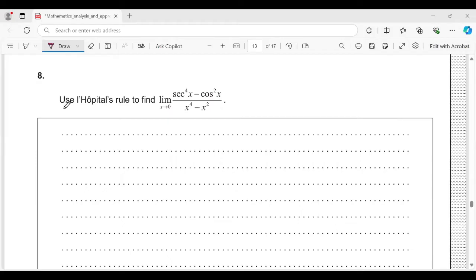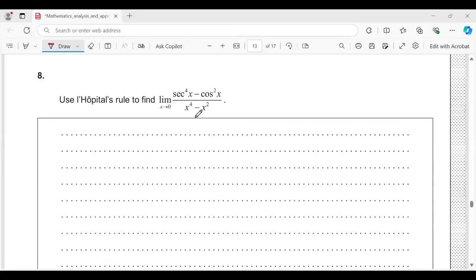A. Use L'Hopital's rule to find the limit as x approaches 0 of secant to the power 4x minus cosine squared x over x to the power 4 minus x squared. According to L'Hopital's rule, we have to find the derivative of the numerator and the derivative of the denominator.